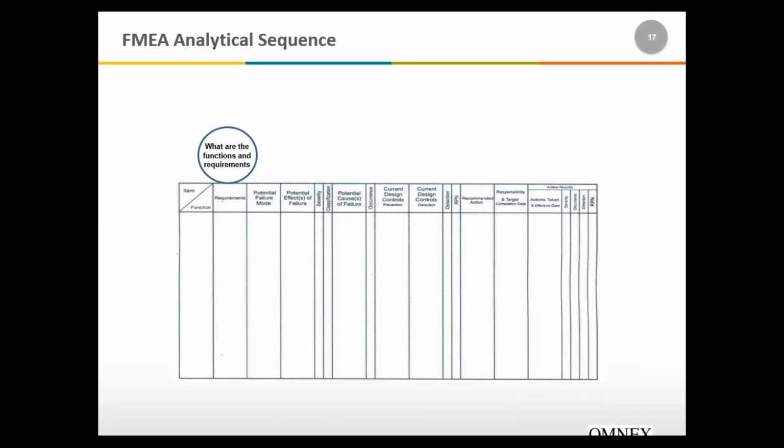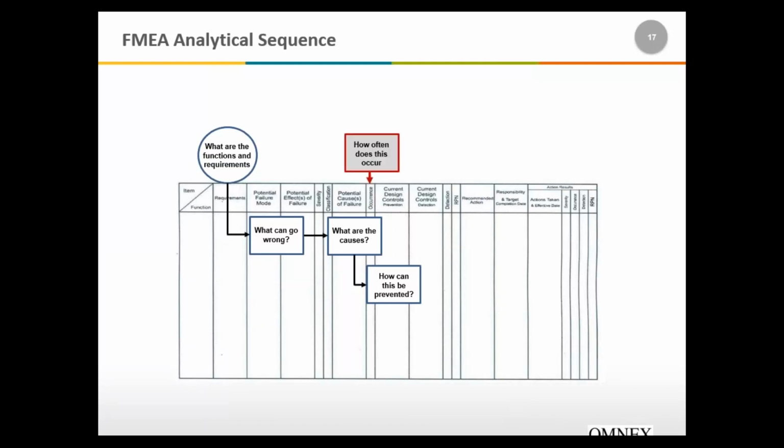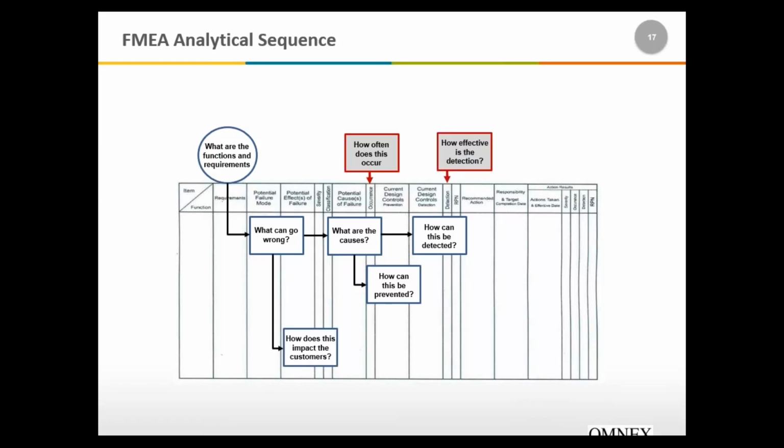Now, the last part of my introduction is going to be how things work today. How do things work today in our current methodology? Well, we have an item and a function. That's what we call the focus element. First we say what are the functions and requirements. Then we say what can go wrong, which is the failure mode. We ask what are the causes. And once we come up with the prevention for the causes, we can come up with the occurrence.